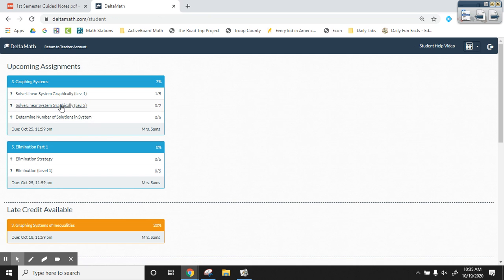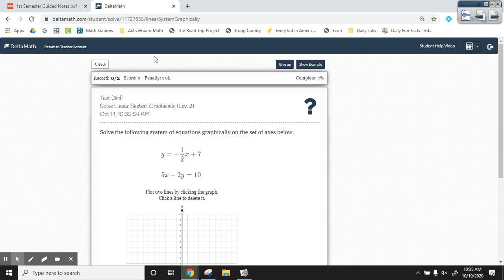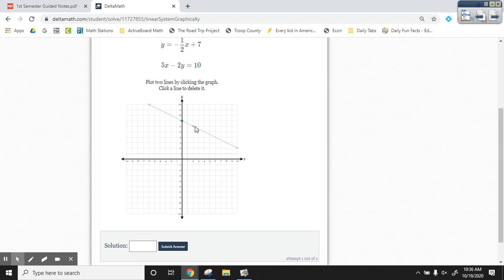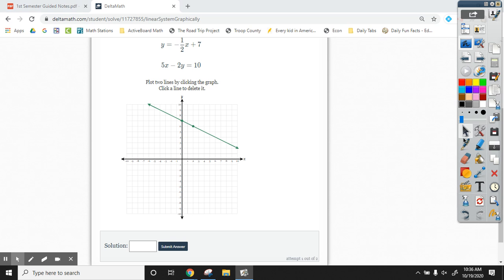After you do 5 of those, then you're going to go to level 2, and you only have 2 of these that you have to do. But as you can see, one of them is in slope-intercept form. So that one's easy. This second one is not. So how do I get it in slope-intercept form? Solve for y. So I subtract 5x from both sides. I'll get negative 2y equals negative 5x plus 10.